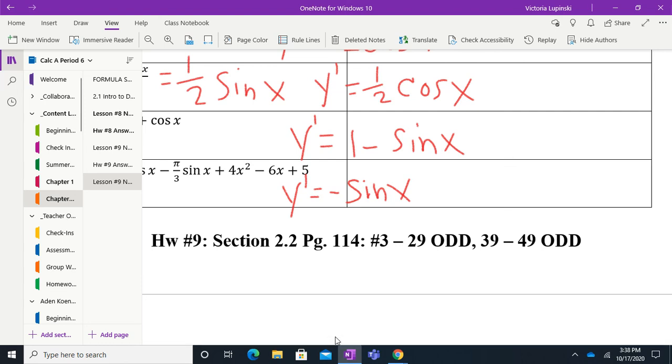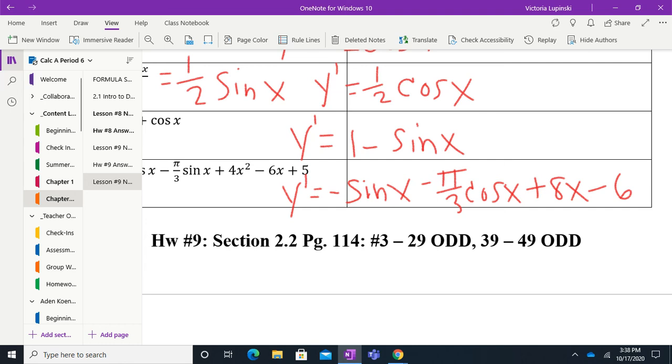So leave the negative pi over 3. The derivative of a sine is a cosine. The derivative of 4x squared, bring down the 2, times 4 is 8 to the 1 less power x. The derivative of negative 6x is negative 6, and the derivative of a constant 5 is, of course, just 0.